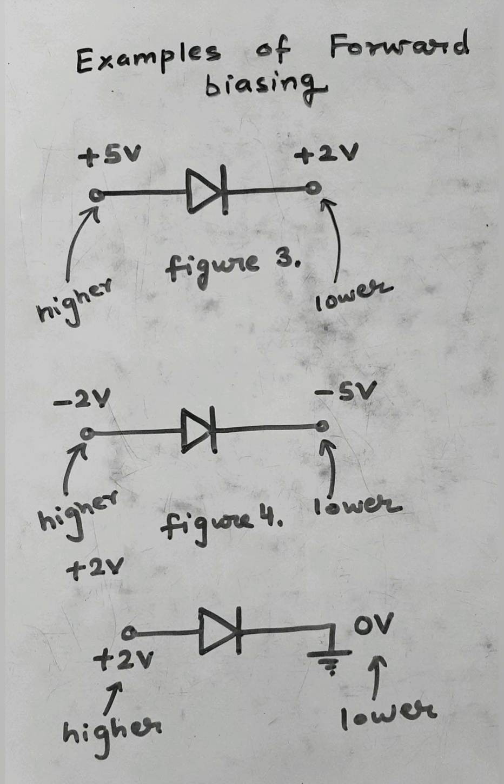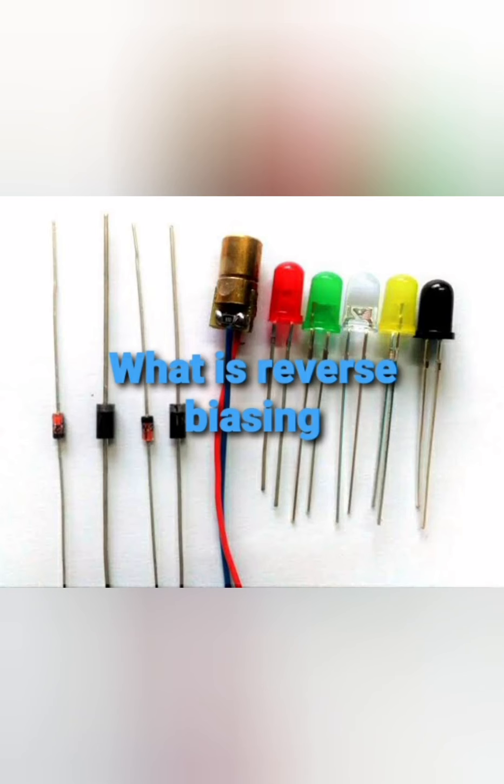Now in the next section we will proceed with reverse biasing of a PN diode, and we'll look at examples of how a diode is connected in reverse bias, or what actually reverse bias is.